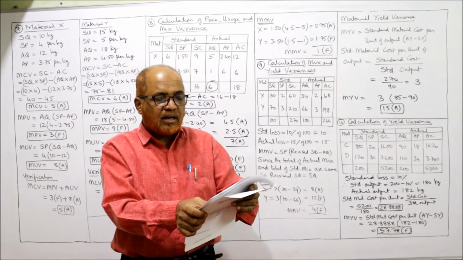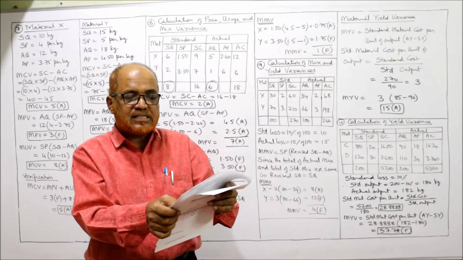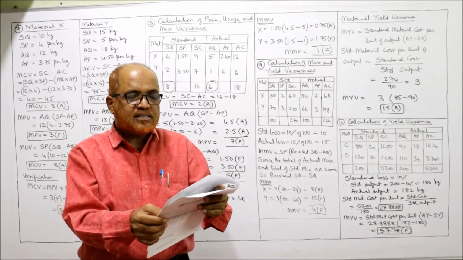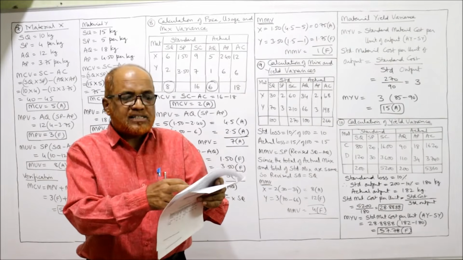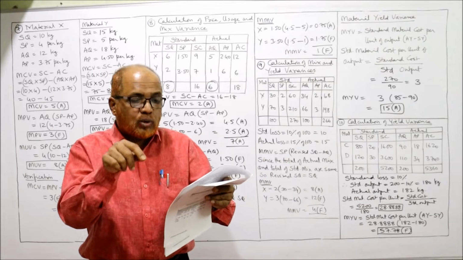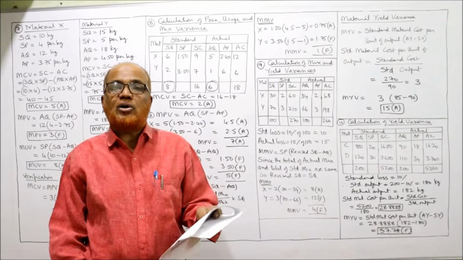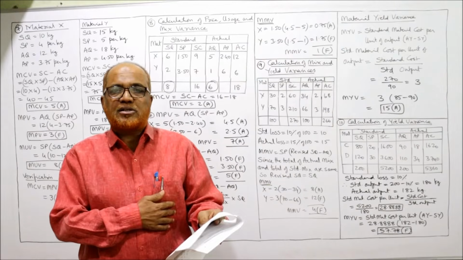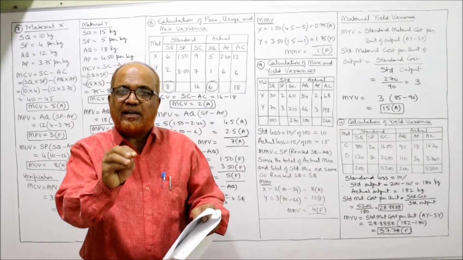Actual mixture is 34 units of X and 66 units of Y. This is the actual mix, actual quantity. Rates are the same. So whatever standard rates are given, 2 rupees and 3 rupees, that remains same. The actual loss is 15% of input. And standard loss is 10%. So normally the loss should be 10%.